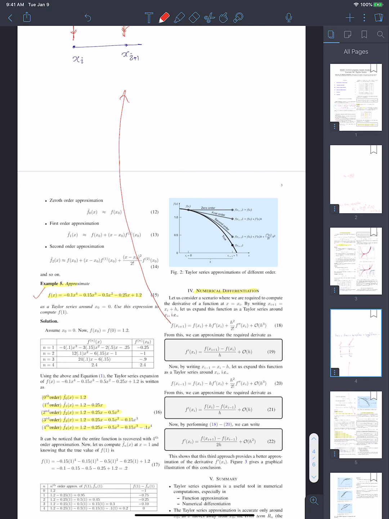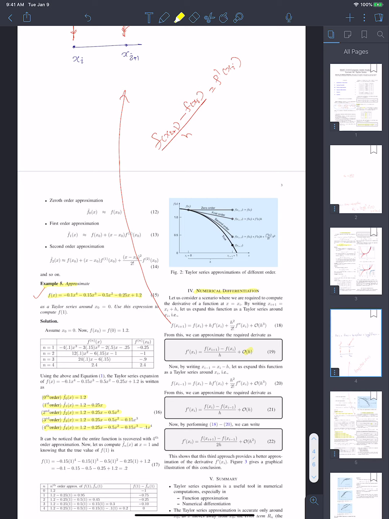Now if you subtract to one side, that will be f(x_(i+1)) minus f(x_i) divided by h, which is what we will get for f prime (x_i). And then there will be an error term representing the error.